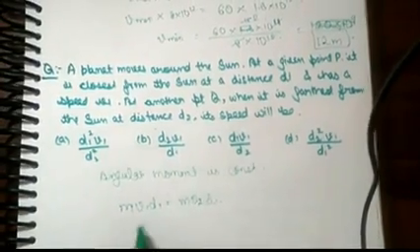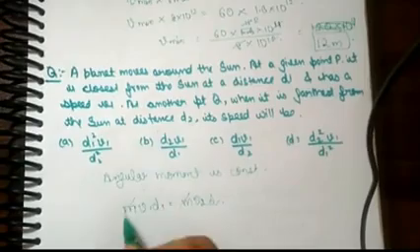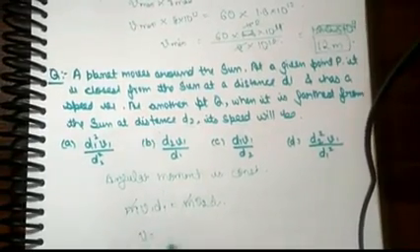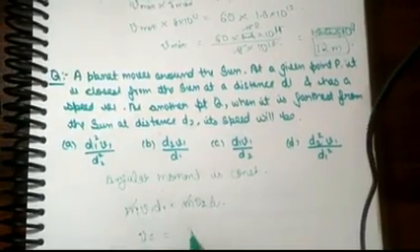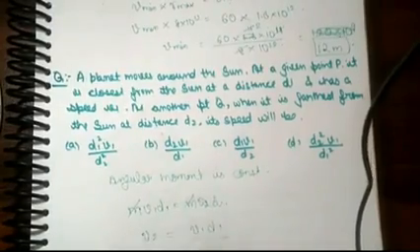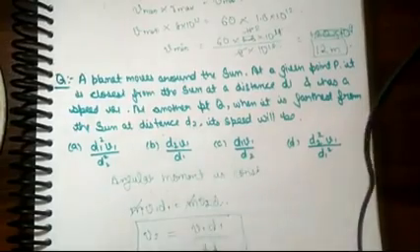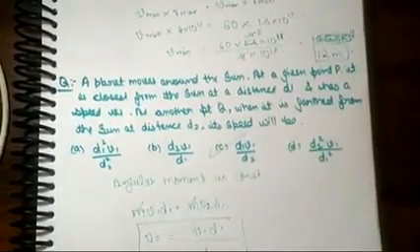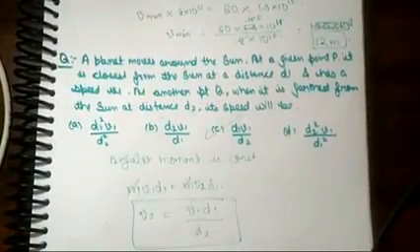Now substituting the values, m cancels with m, so what we are going to get is v2 is equal to v1 times d1 upon d2. So this is our answer. Now matching, C will be our answer. This is how we are going to solve these questions.